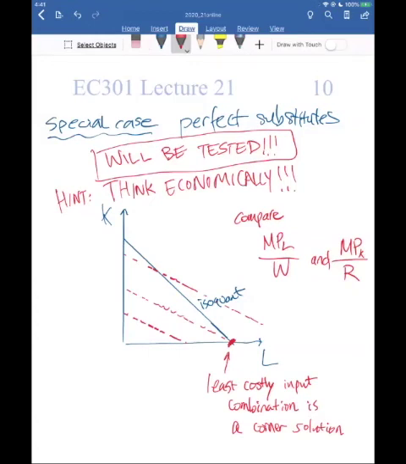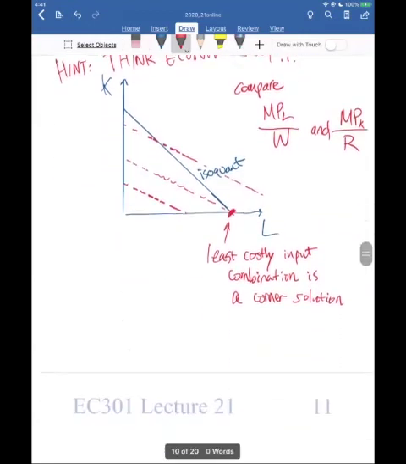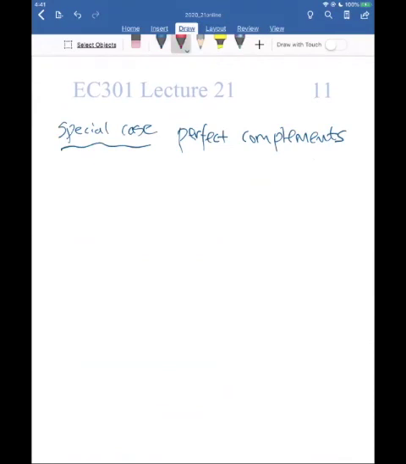We also have a special case where we could have a perfect complement production function. This, again, will be tested.